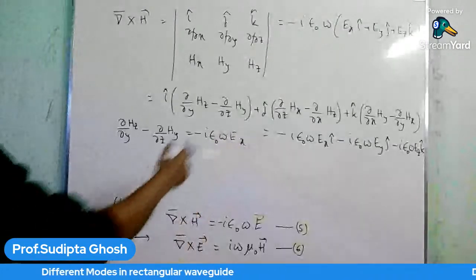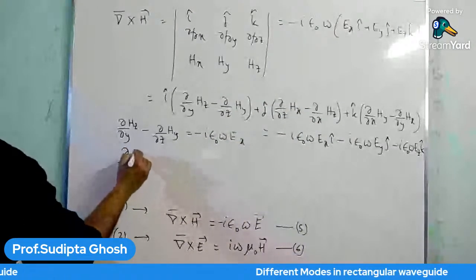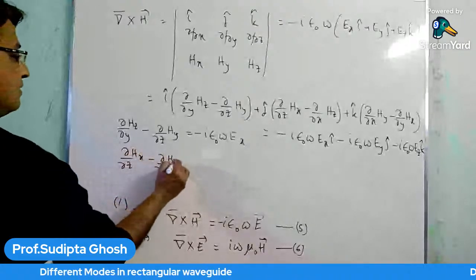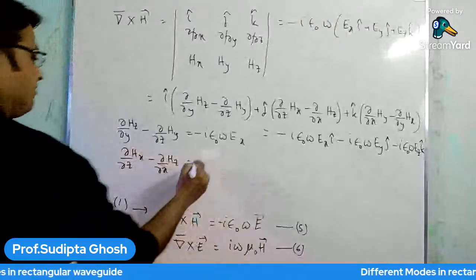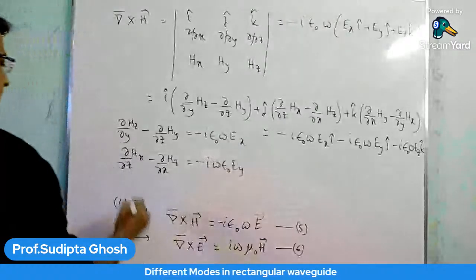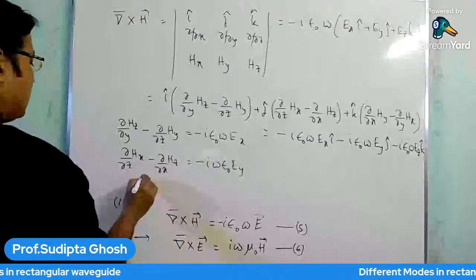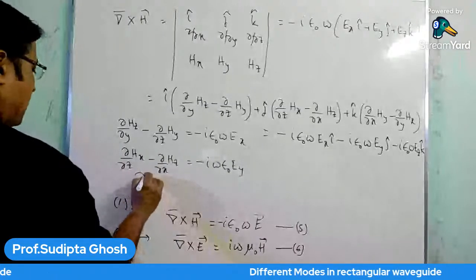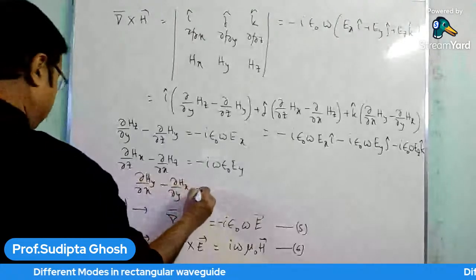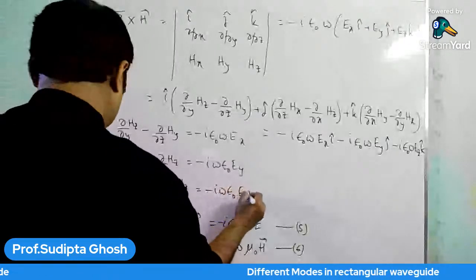Now the second, comparing the j cap components: del z of Hx minus del x of Hz equals minus i omega epsilon 0 Ey. And the last, comparing the k cap components from both sides: del x of Hy minus del y of Hx equals minus i omega epsilon 0 Ez.